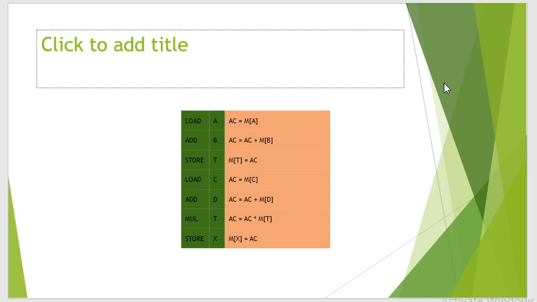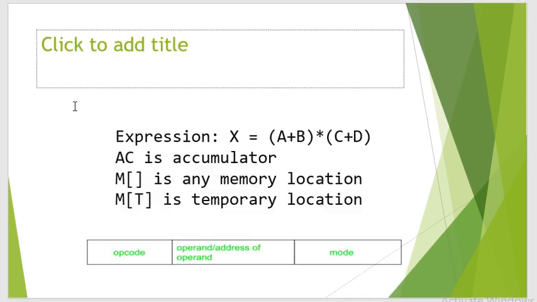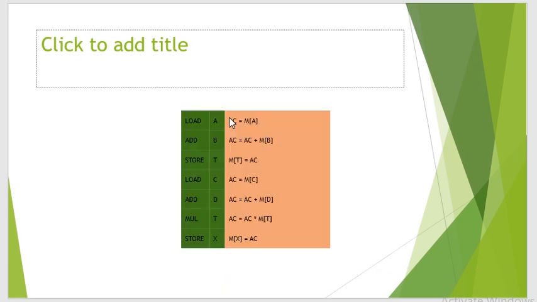See another one, the micro program or subroutine of one address instructions: load a. What do you mean by load operation? Load a is going to allocate an accumulator register value. It is going to allocate a memory location in the accumulator register.